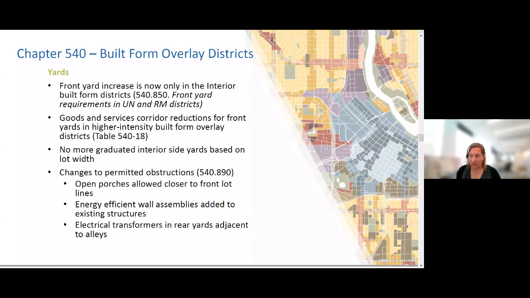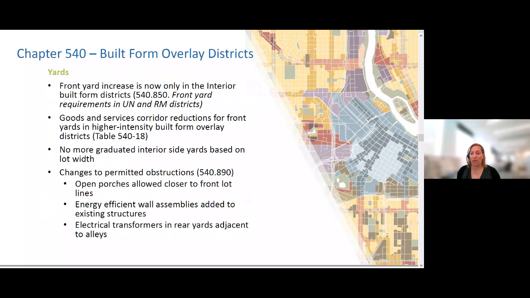With the land use rezoning study, there weren't a lot of updates to the built form regulations, but there were some. We'll go through some of the more significant updates, starting with front yard requirements that have been modified. So sometimes a front yard that is greater than the district setback is required based on the front setbacks of adjacent structures. That's often referred to as the established setback or the string test.